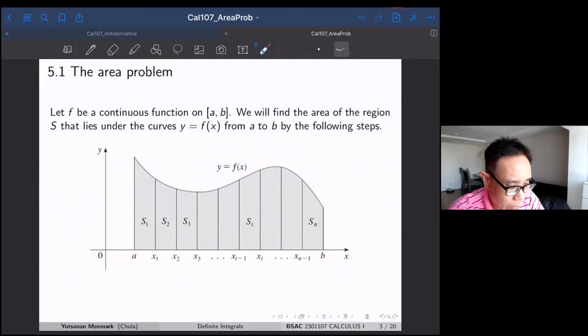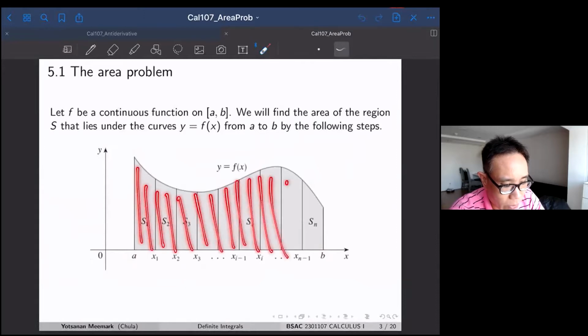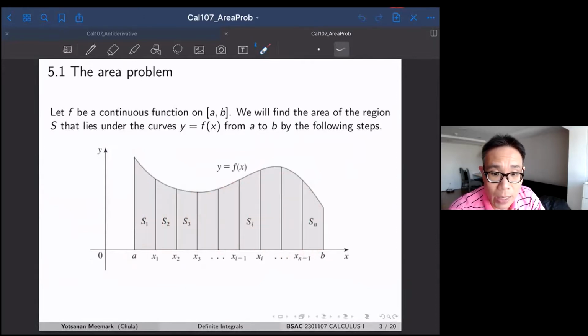The area problem asks you to find the area under this curve over the interval [a, b]. We are not able to find this area directly by geometry because the side of the picture turned out to be curved, not a straight line. So we cannot just find the area of a triangle or rectangle.